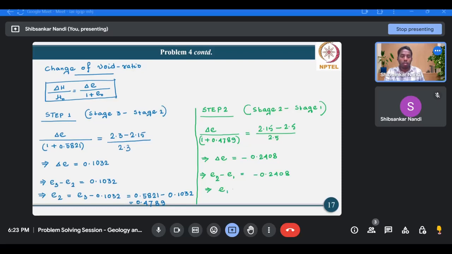So E1 should be E2 plus 0.2408, so 0.4789 plus 0.2408, that means 0.7197.